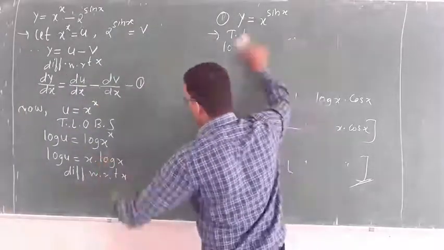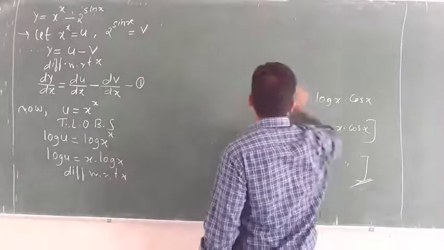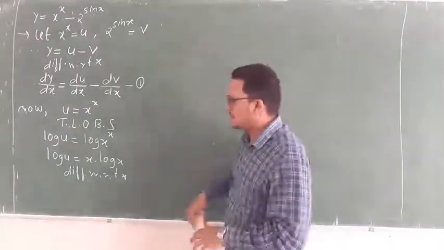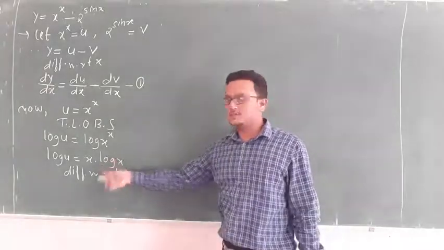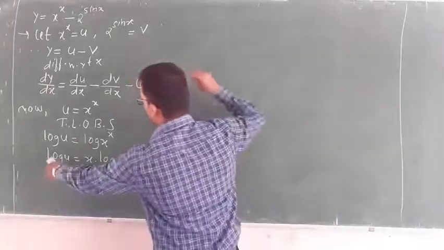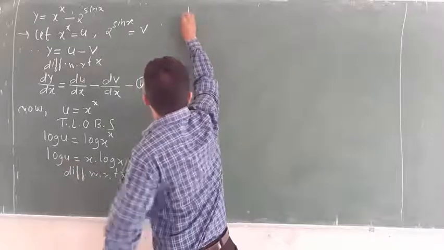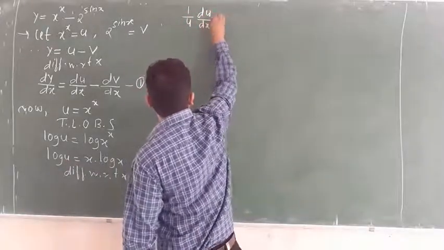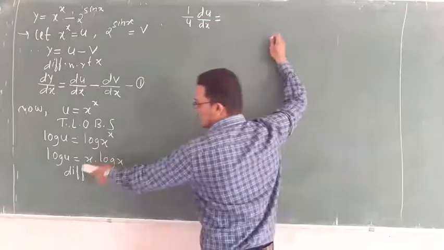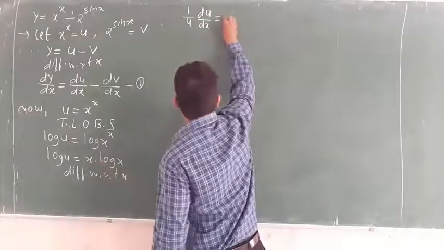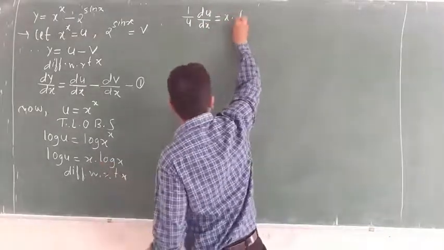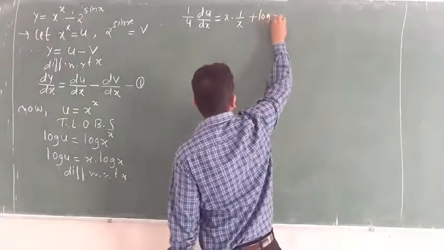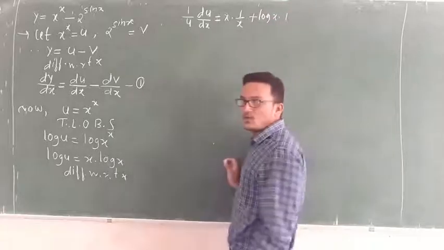In this, the right hand side is a product of two functions, so we have to apply the product rule. On the left hand side, the derivative of log u is 1 by u du by dx, which is equals to, applying the product rule, x as it is, derivative of log x is 1 by x, plus second function log x into derivative of first, which is 1.